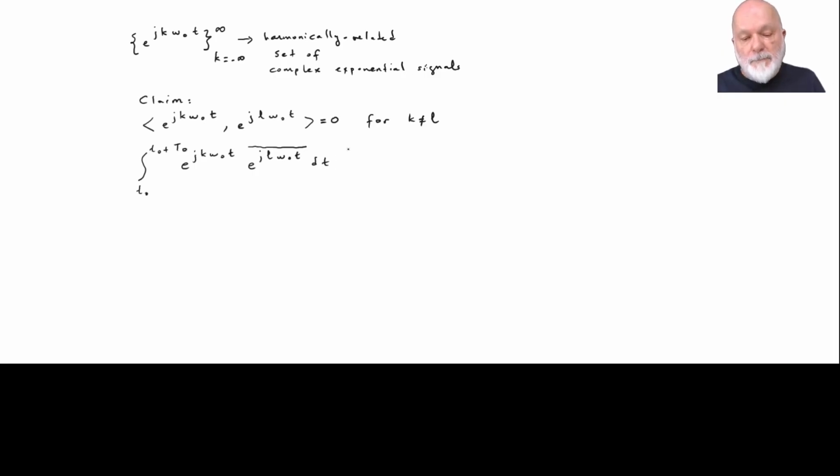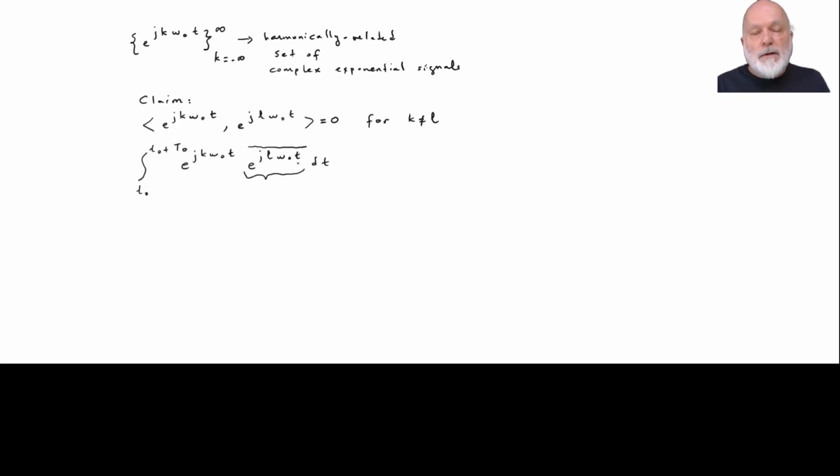Now, what is the complex conjugate of e to j L omega 0 t? Remember, e to j L omega 0 t is cosine L omega 0 t plus j sine L omega 0 t.